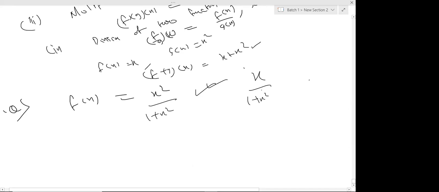Okay, try to solve this one. This is x square upon 1 plus x square. Abdul, this is a different question, right? Yeah, try to solve.